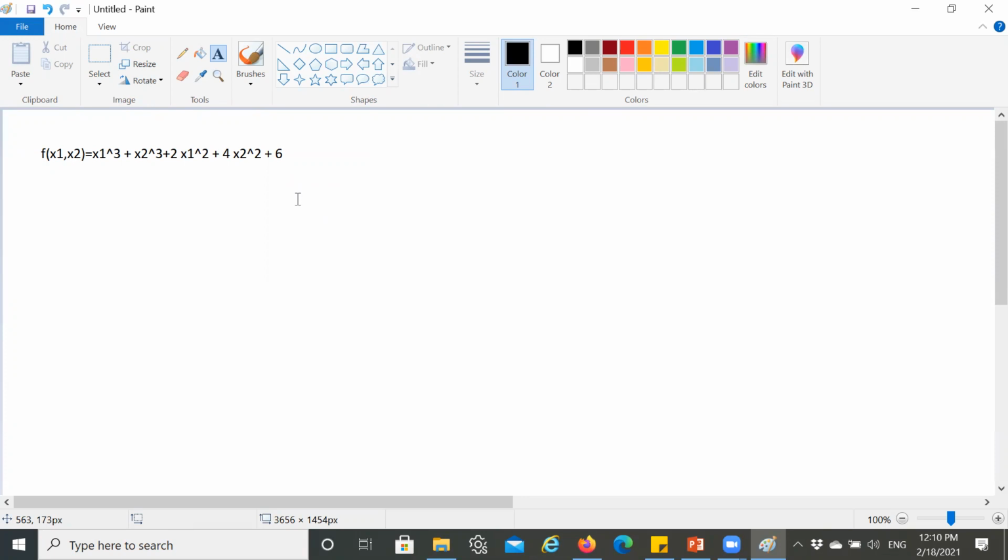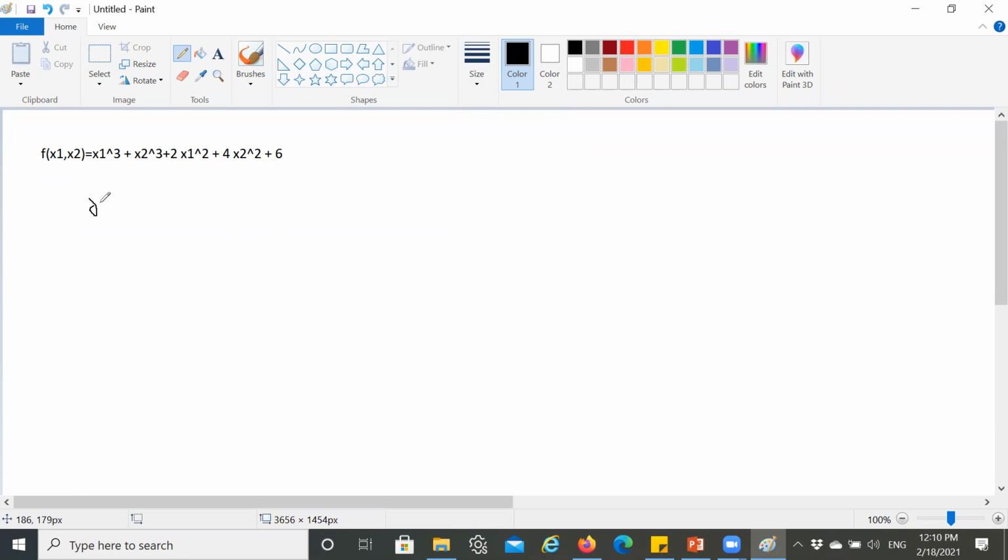So if you want to find the necessary condition, what you have to do is take the first order partial derivative of this function.